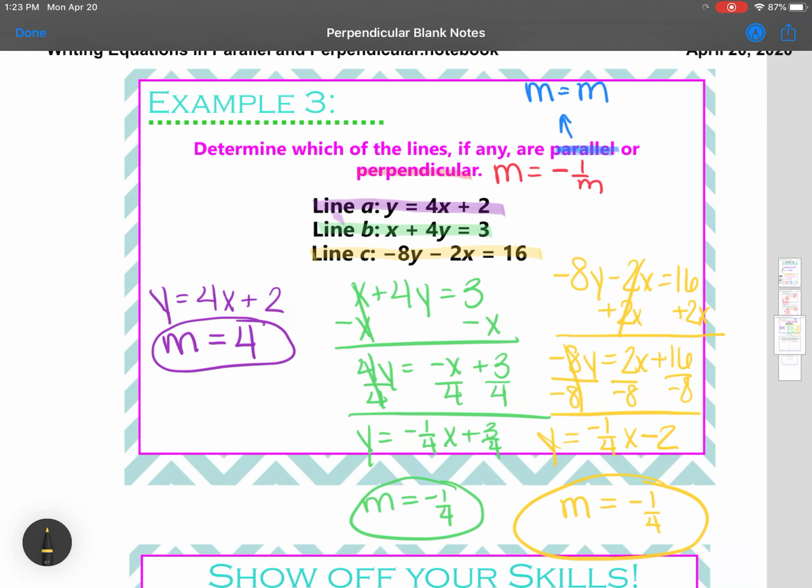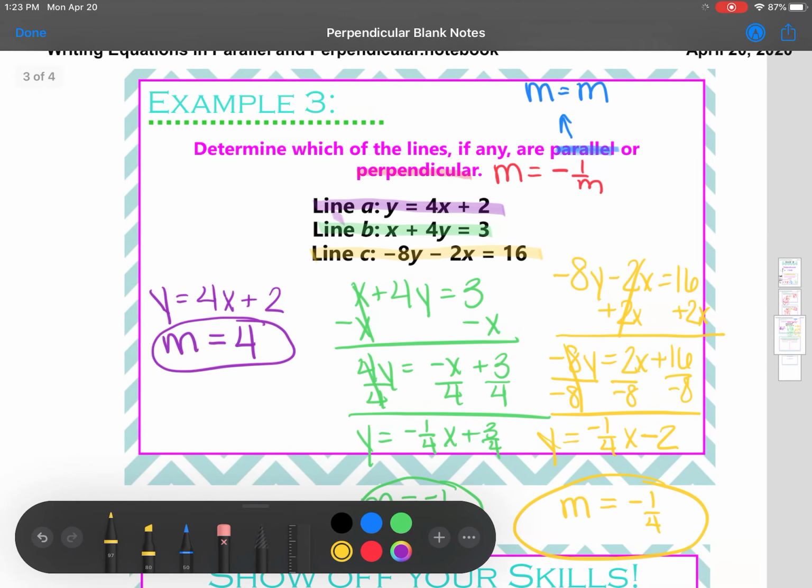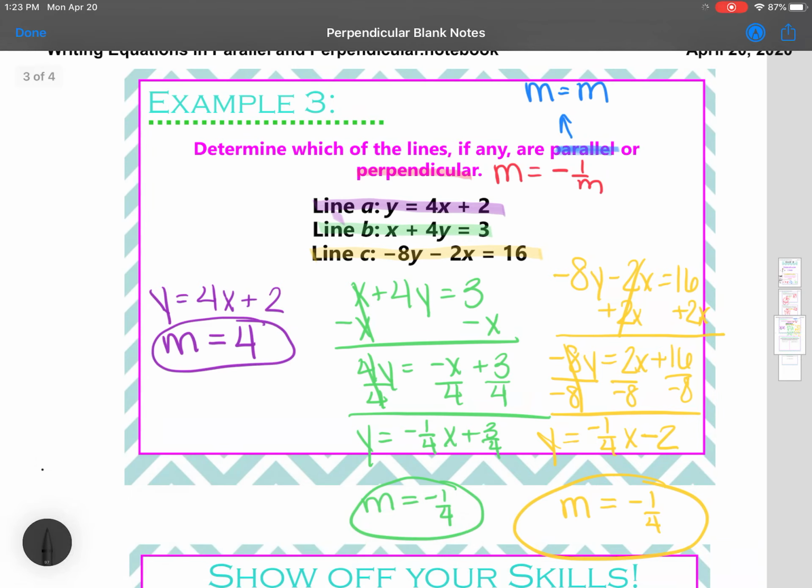Now, looking at this, I have a couple things. Perpendicular. The negative reciprocal of 4 is negative 1/4.